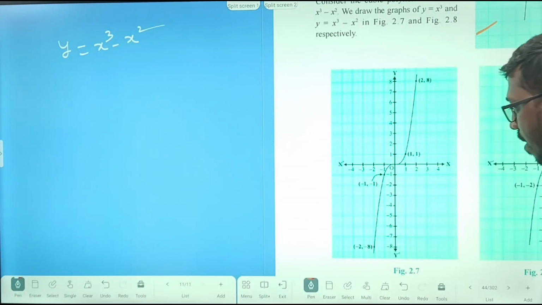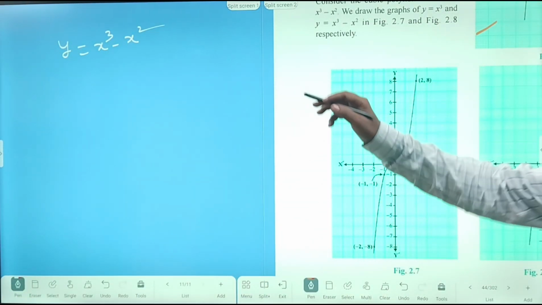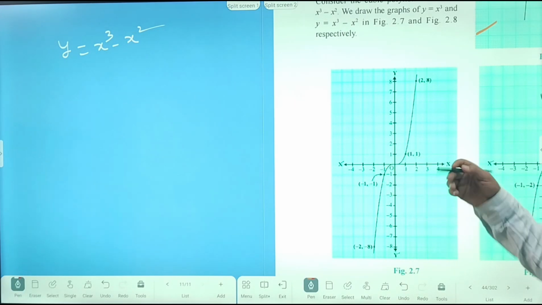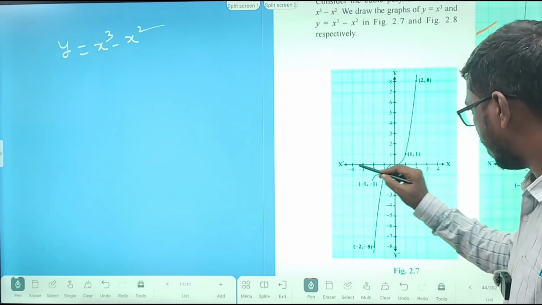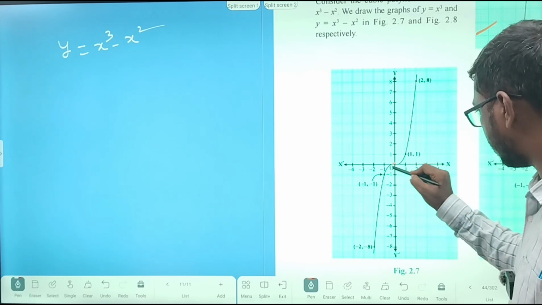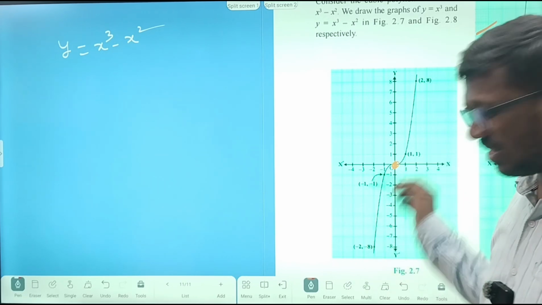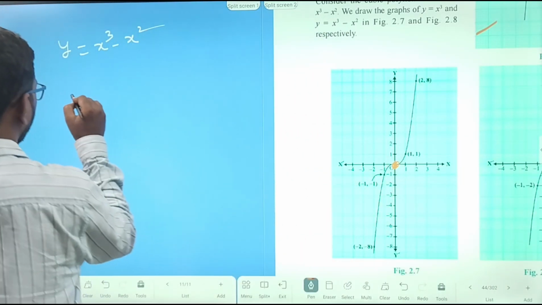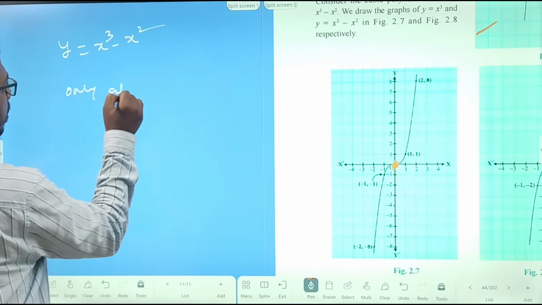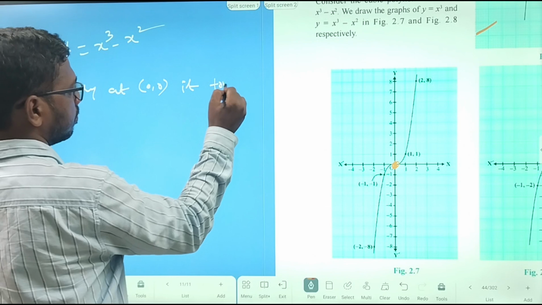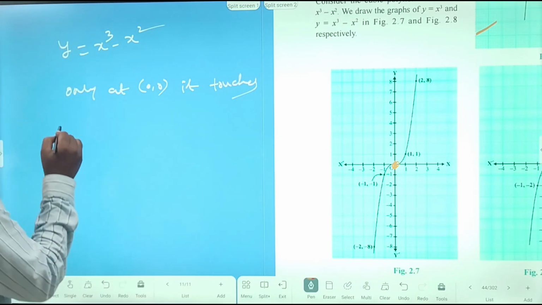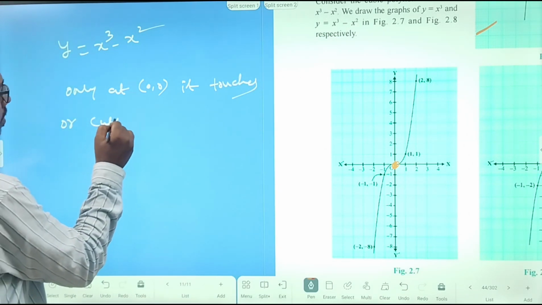Now observe where that graph touches or cuts the x-axis. Only at 1 point does it pass through the x-axis. That is nothing but the origin. Only at point 0 comma 0 does it touch or cut the x-axis.